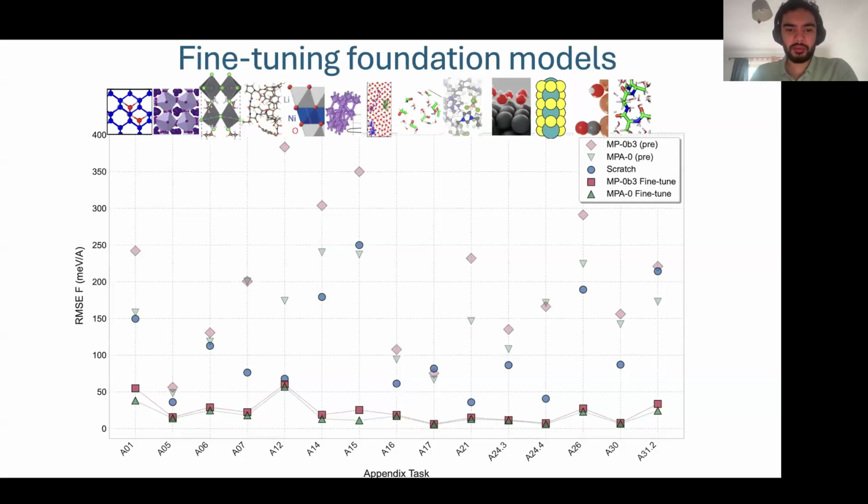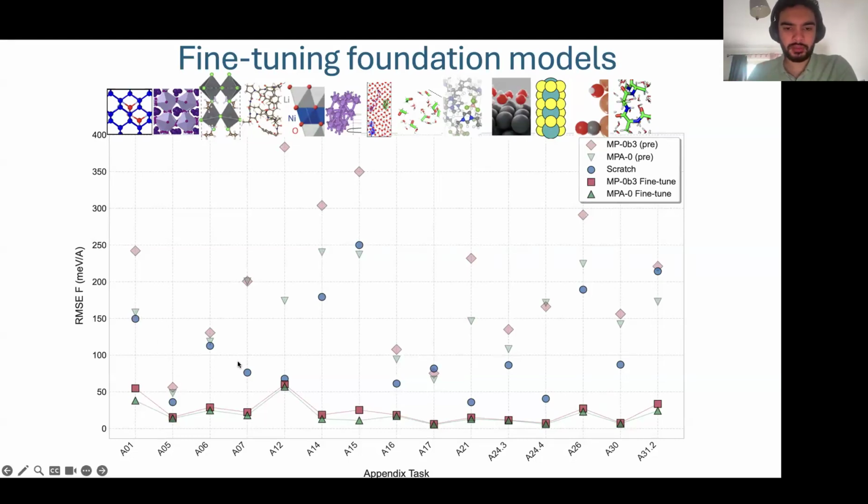And I won't stay much on that for the sake of time, but we have made a lot of experiments in the MP0 paper on how accurate fine-tuning can get. And here, the blue dots are training a model for each of the systems on a select few hundred configurations that we've re-evaluated for this system with DFT.